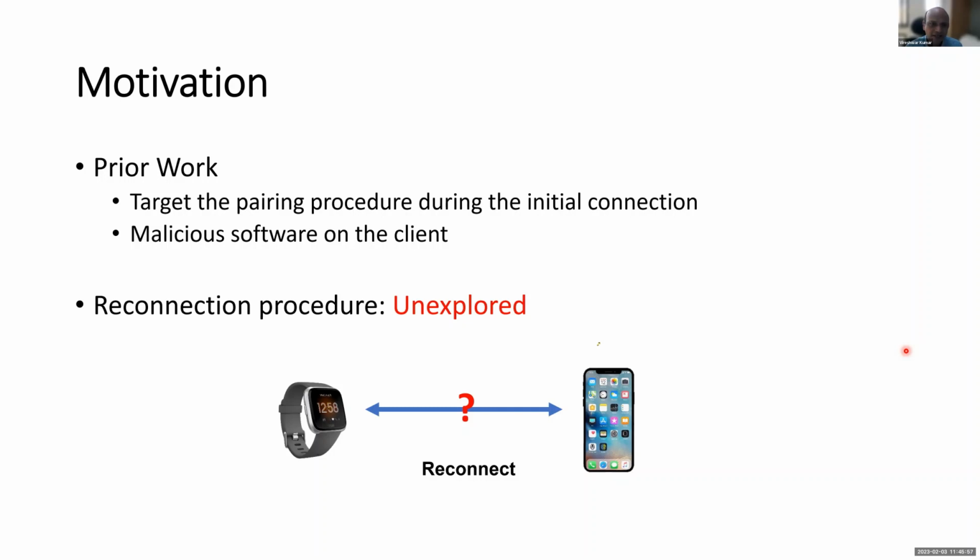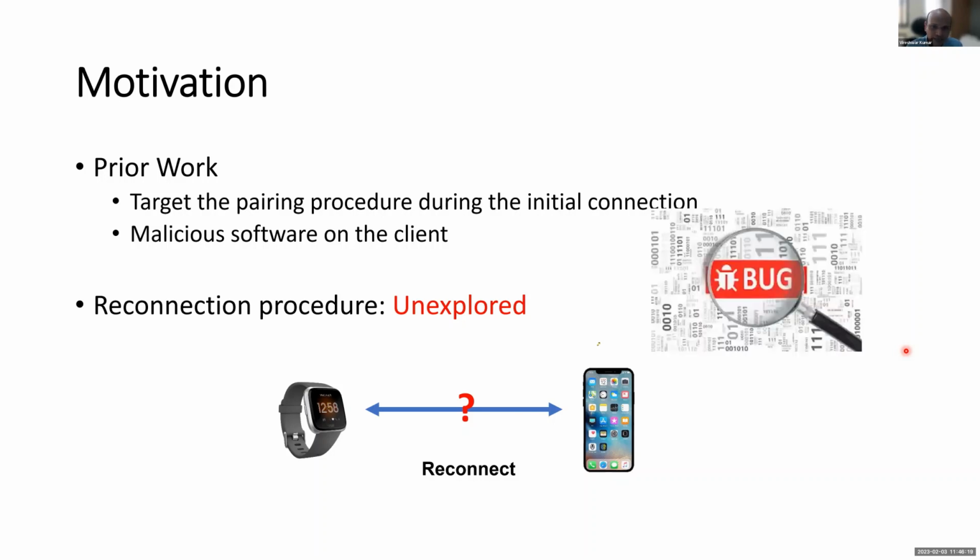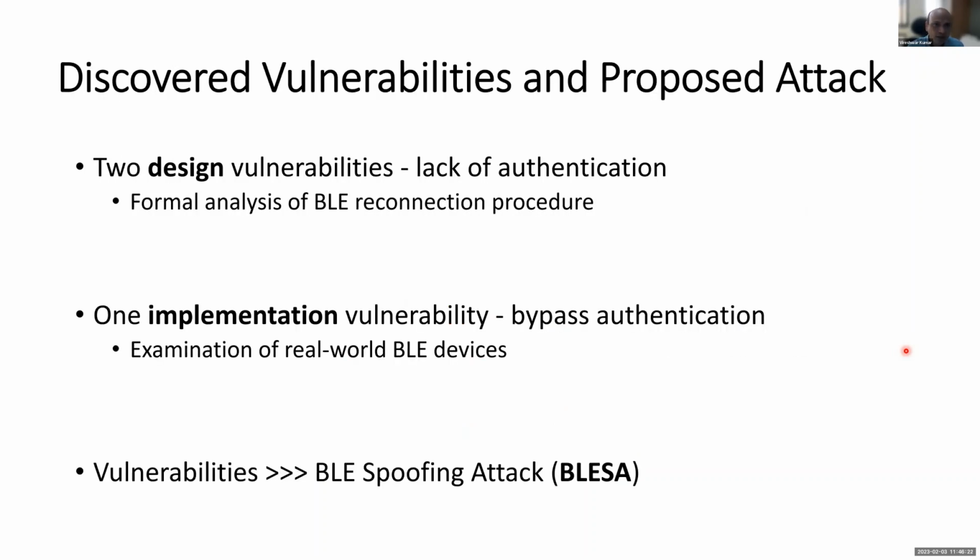The reason is that a smartwatch is a resource constrained device. Designers always use some excuse to do some trade-off, and typically the corners which are cut are related to security. So it is possible that there could be some issues in the reconnection procedure. So we wanted to do that, and of course we found some vulnerabilities.